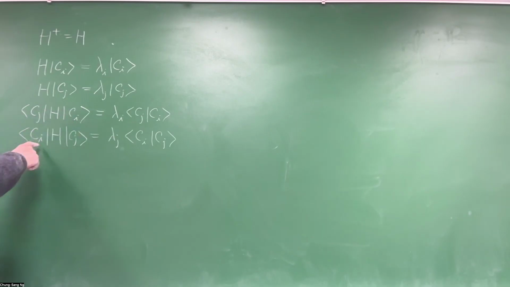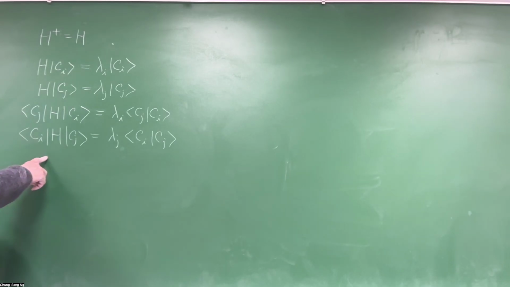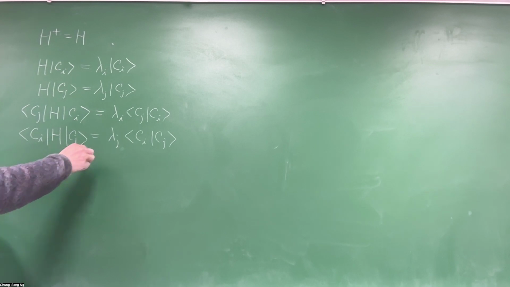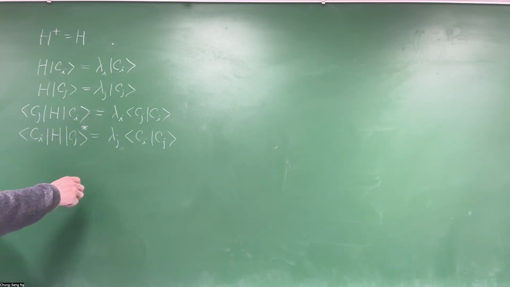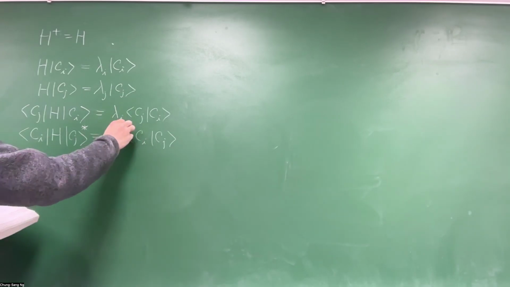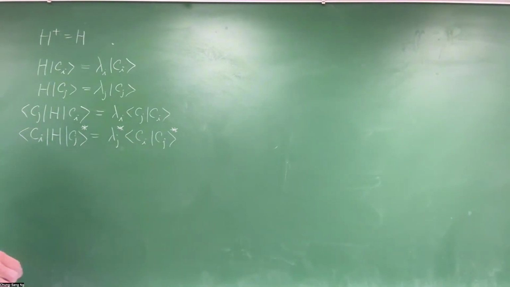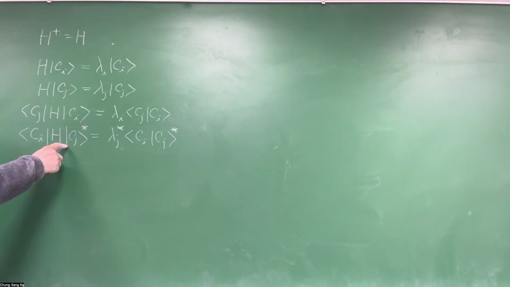One is j and i, the other i and j. And what we can do is take the complex conjugate of this equation, the second equation, and then we can reverse the order of that, right?